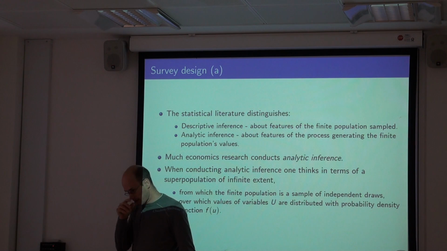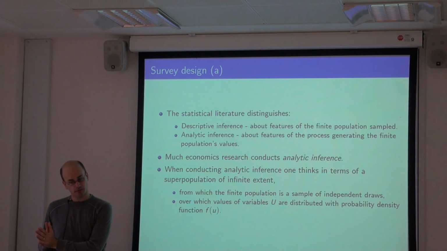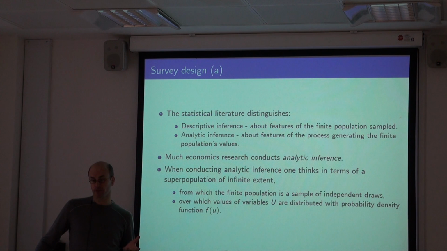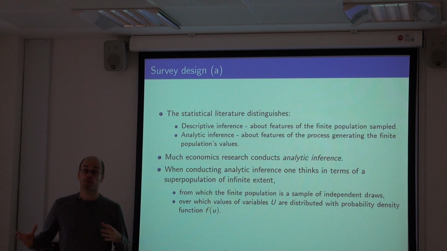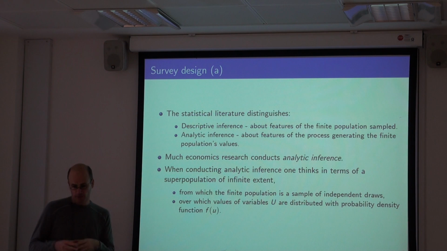In much economics research, the thing we're after is not inference about a finite population. We're after inference about the process by which the data is generated, which is analytic inference about the infinite superpopulation from which the finite population was drawn as a sample. So there is a finite population.